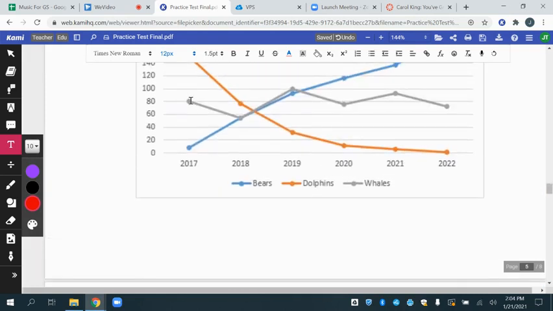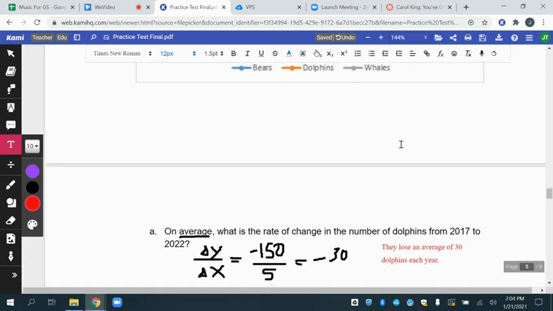Overall, it doesn't really change. It starts at about 80 and it ends at about 80. It drops during the first year and grows and drops and grows, but it basically stays about the same, hovers around 80 the entire time.